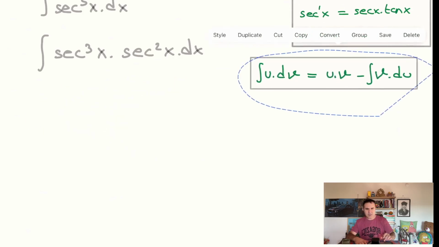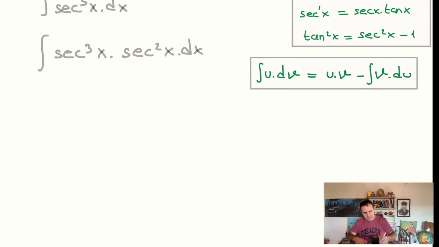Since we know that the derivative of tangent x is secant square of x, we will say that secant cube x is equal to u.